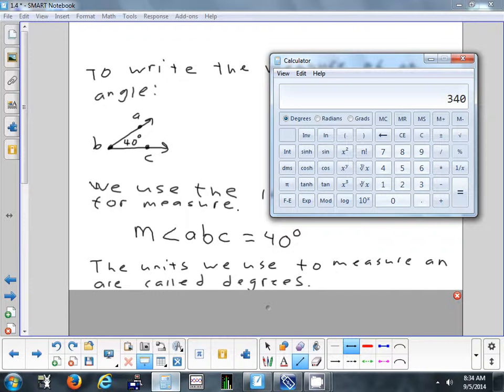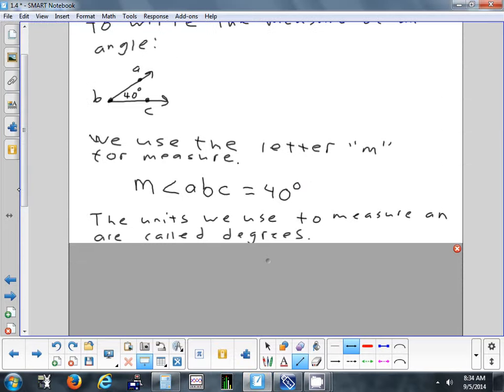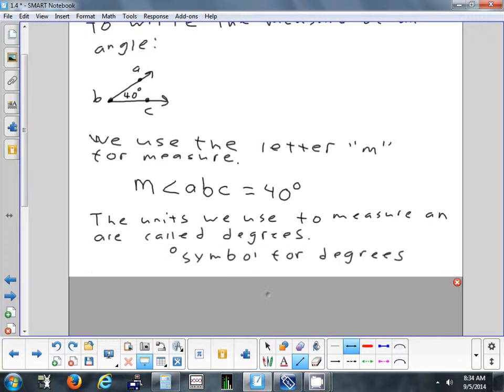If you've seen RAD on your calculator, that's a second way to measure an angle. It's just like using Fahrenheit and Celsius. It's just a different way to measure it. Okay, and the symbol that you use for degrees, it's like a little circle written up almost like where you put an exponent. That's the degree symbol.